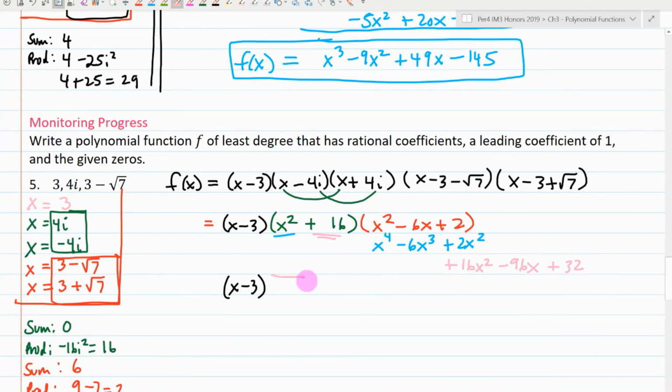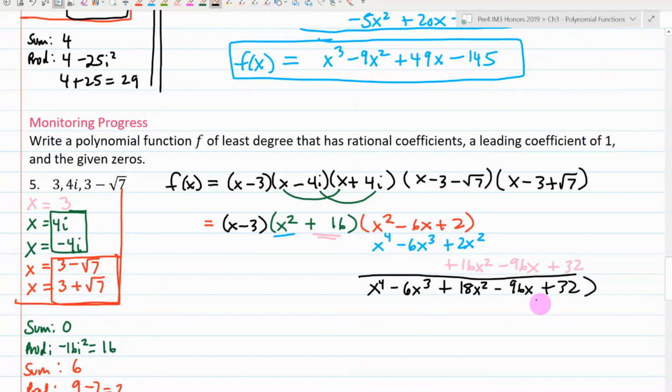So when I add all these together, I'm going to put this right in front of this, but x to the 4th, then minus 6x to the 3rd, and then if I add these two together, actually let me put it where it goes so that it makes more sense. So this will become x to the 4th minus 6x to the 3rd plus 18x squared minus 96x plus 32.